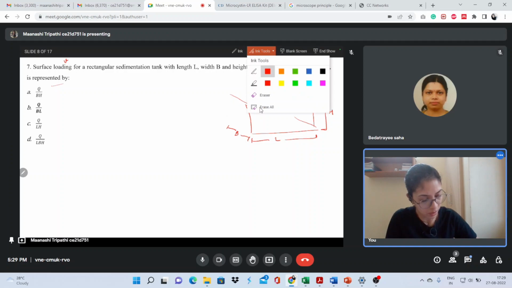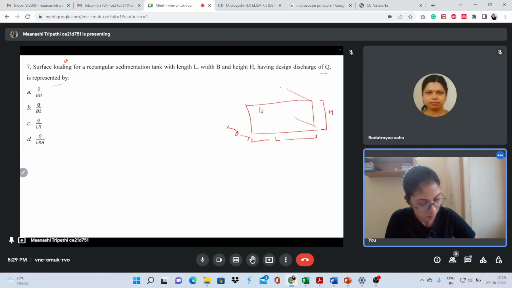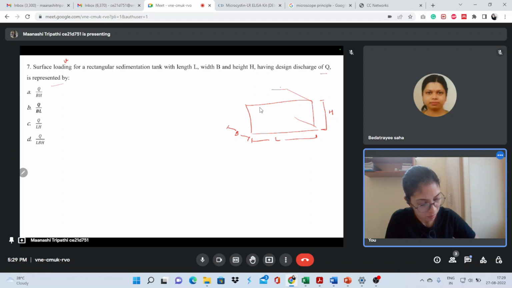Wastewater flow is coming from the side. So the question is, what will be the surface loading rate? We need to answer this question.